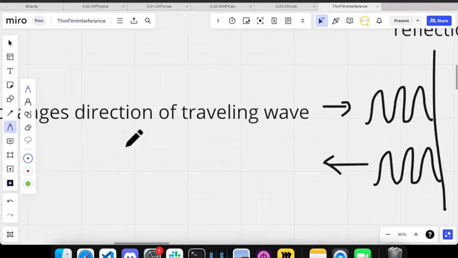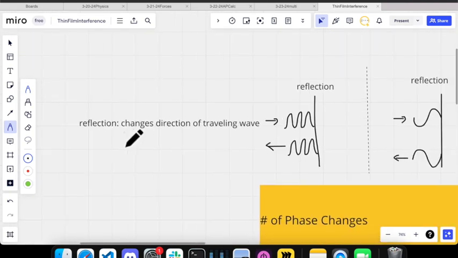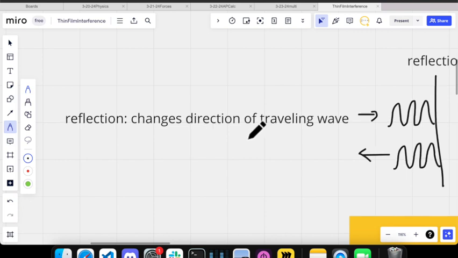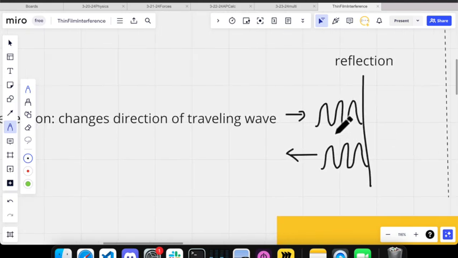So the idea is that with reflection, it changes the direction of the traveling wave. So the wave is going one way, and then it encounters the boundary and it reflects and goes the other way. And the reflection, confusingly enough, isn't across the transverse direction of the wave, but actually across the longitudinal direction.